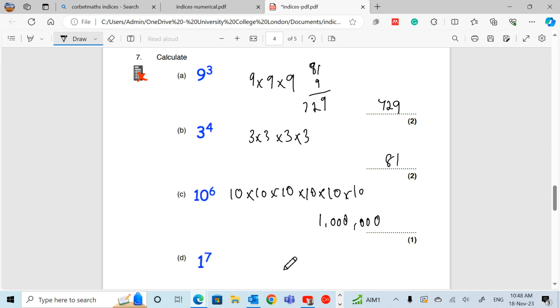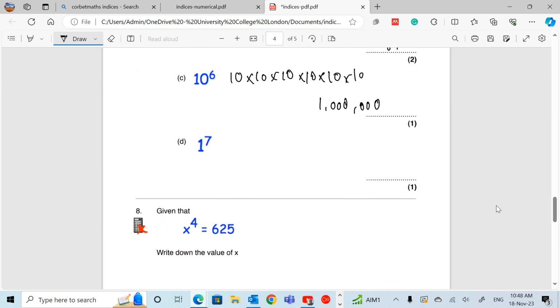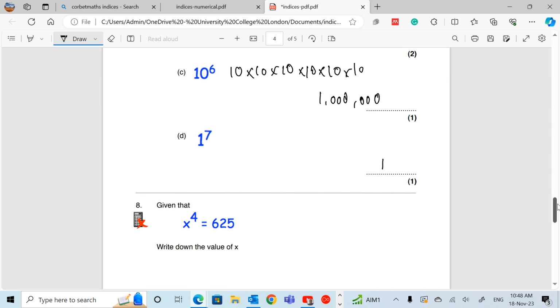And 1 to the power of 7, well, 1 to the power of any number is 1 multiplied by itself that many times. You have 7 lots of 1, and that will still give you the answer of 1. Okay, so I hope that was clear for you.